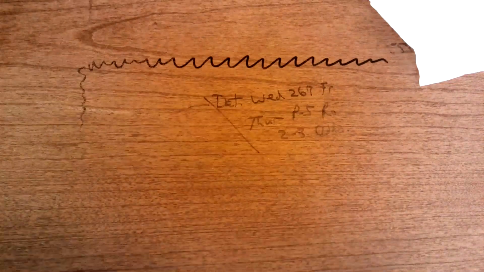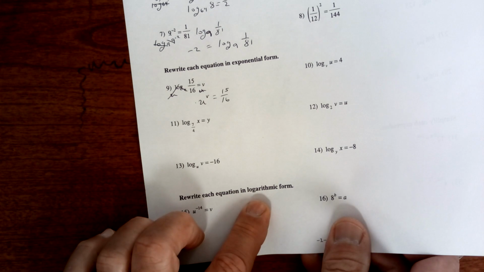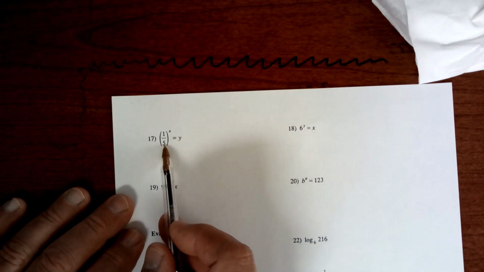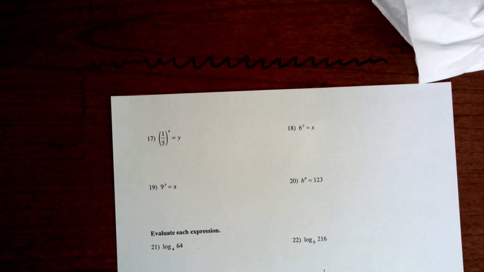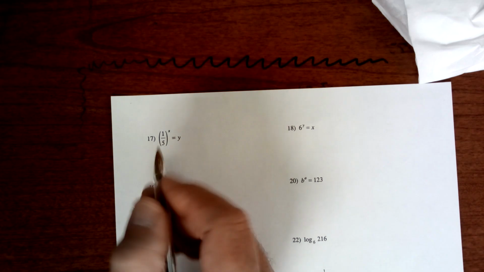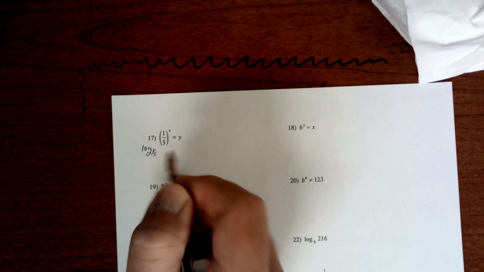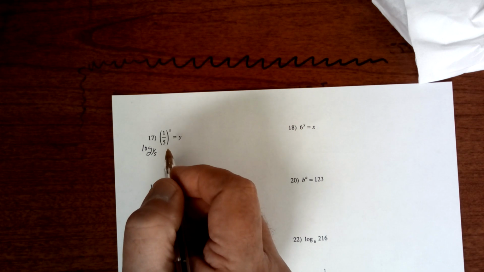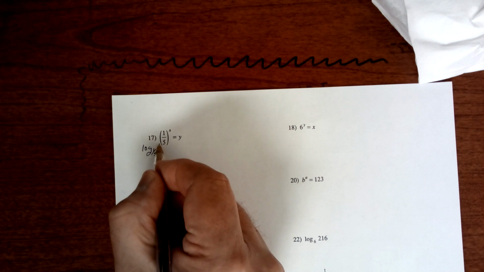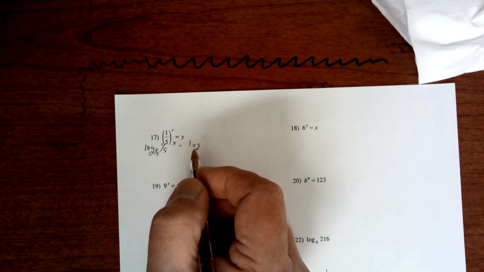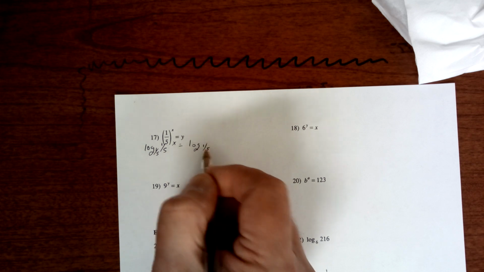The back side, you see what they say. It says write it in logarithmic form. On this one right here, it's in exponential form, so you want to say log. Let's see what we're going to do. You're going to say log base 1/5 of (1/5) to the x is equal to log base 1/5 of y.